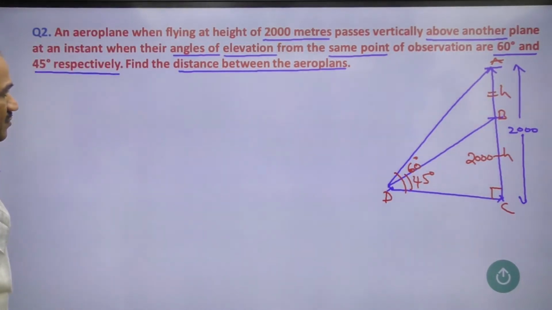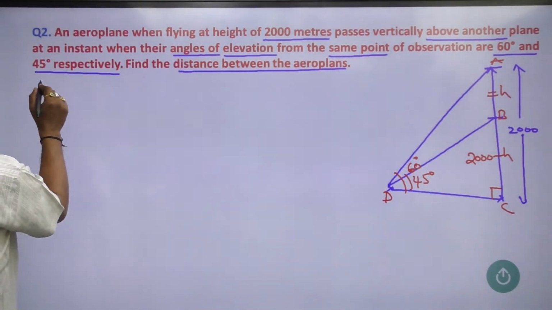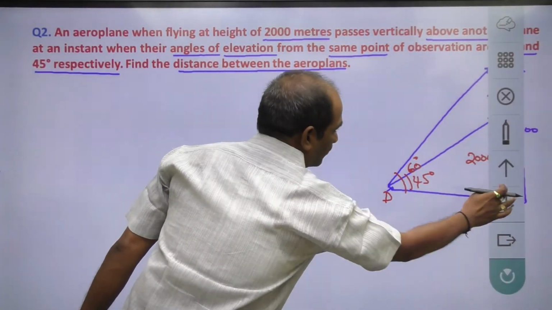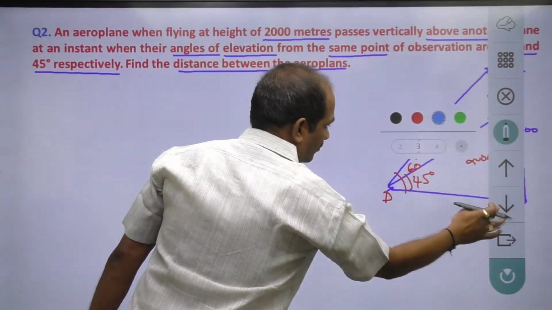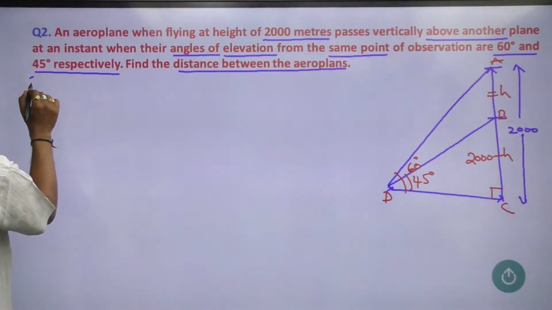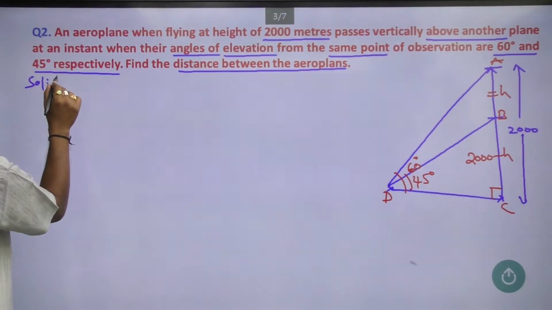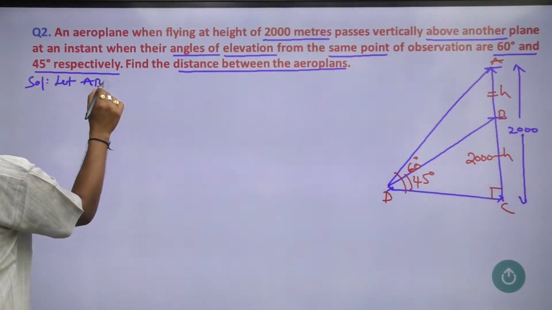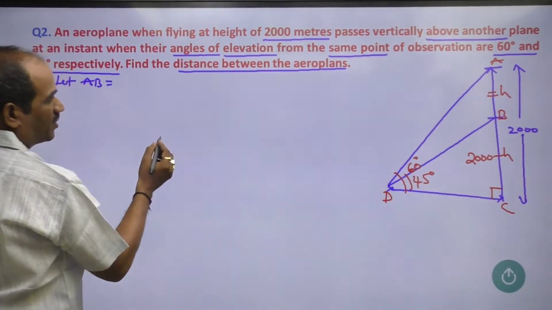See here first, in the solution, let AB be the distance between the aeroplanes.